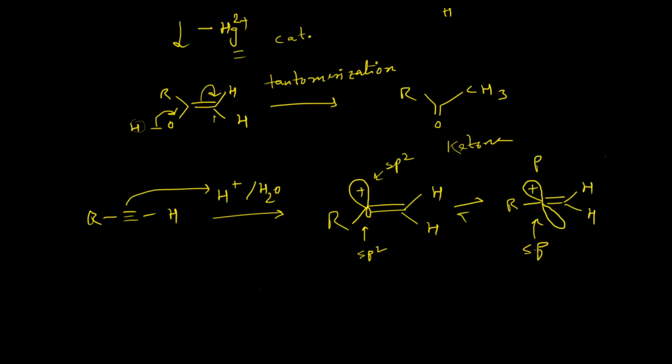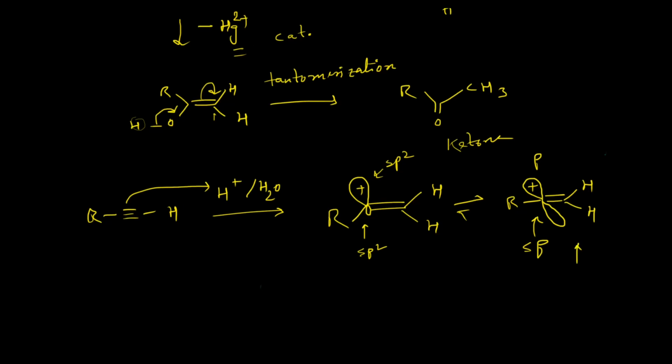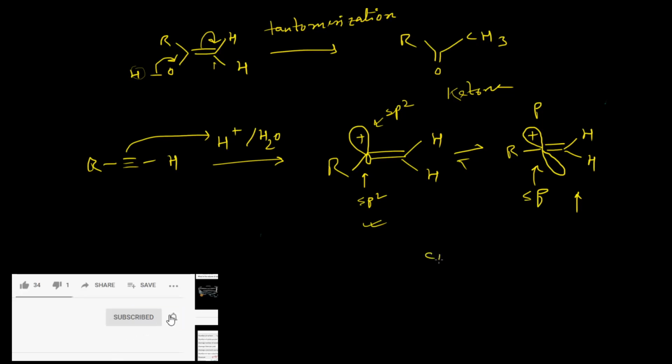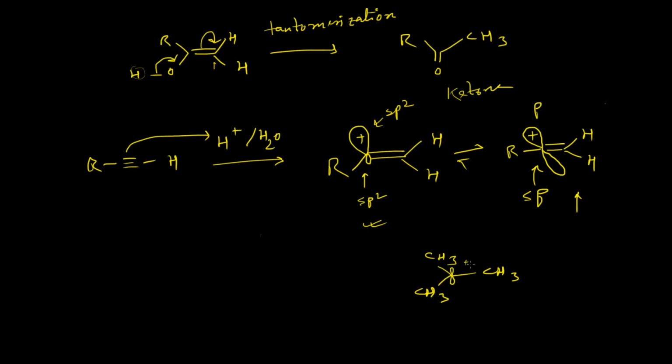So although at first glance this carbocation seems to be more stable than that one, both of them are relatively very high in energy compared to normal carbocations like this. And that's why their formation will be very unlikely.